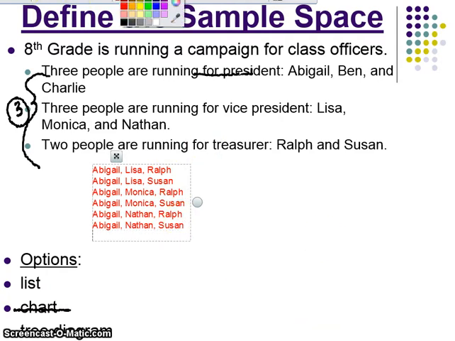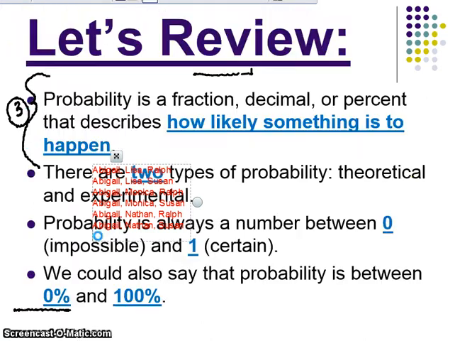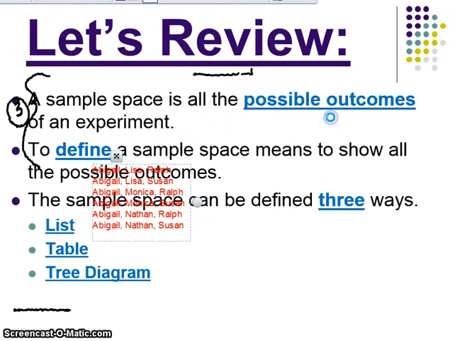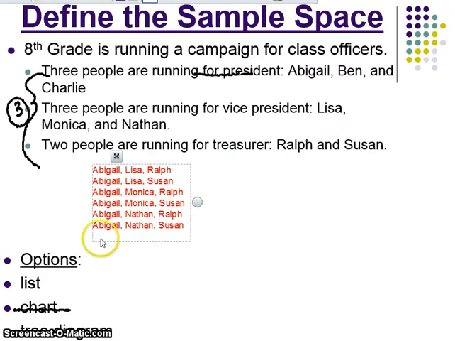Now, let's look at what could happen if Ben would win. We could have Ben win, and Lisa win, and Ralph win. Ben, Lisa, and Susan. Ben, Monica, and Ralph.